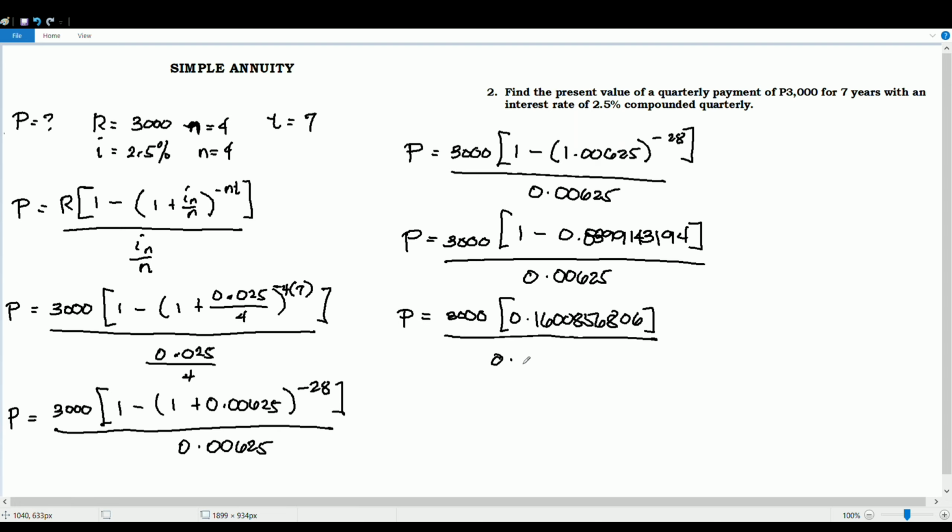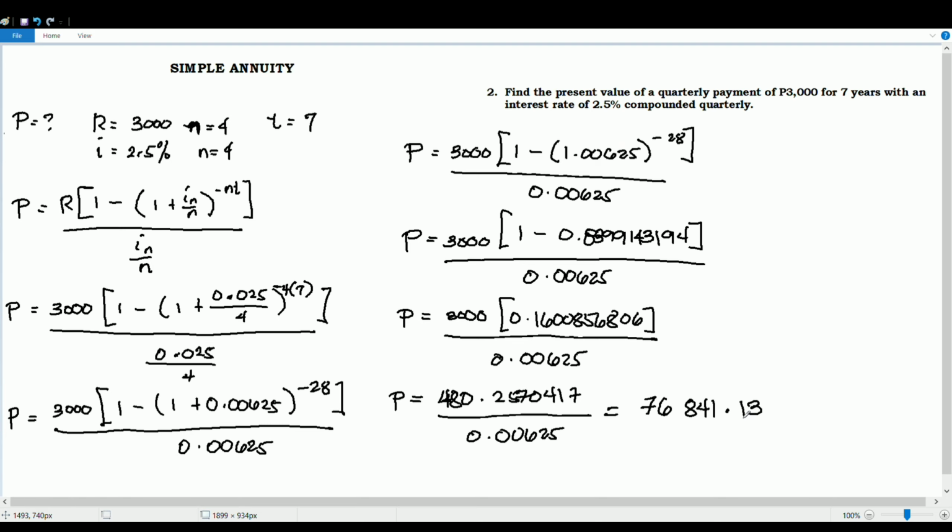Then we multiply the numerator, which becomes 480.2570417, divided by 0.00625. And then, dividing this number, we have the principal amount of 76,841.13 pesos.